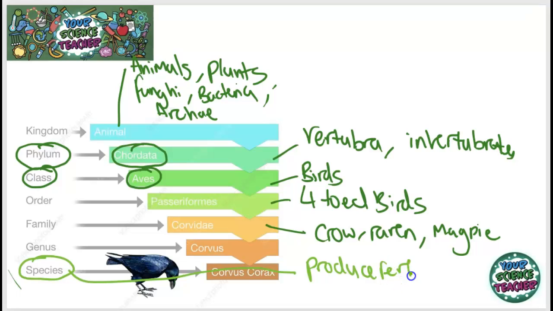So, for example, if a crow breeds with a raven, maybe it would have a child, however, its child would not be fertile, meaning it could not have any babies. Now, you've probably seen with lions and tigers, if you've ever watched Joe Exotic, he bred lions and tigers to make a liger, and ligers are an example of a crossbred species, and they are not fertile themselves.